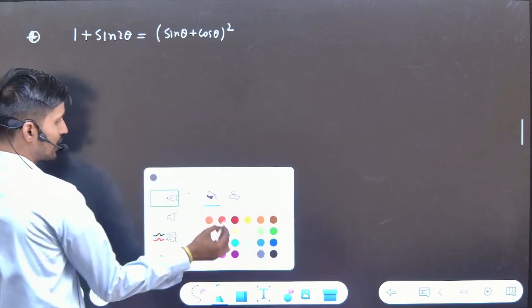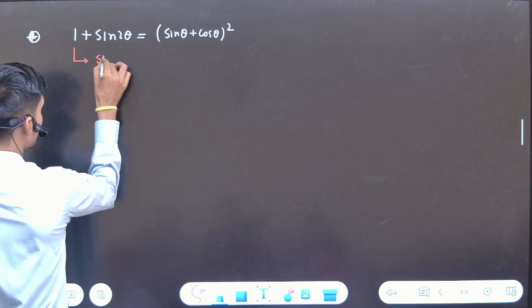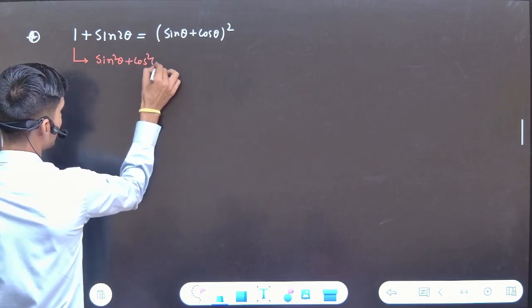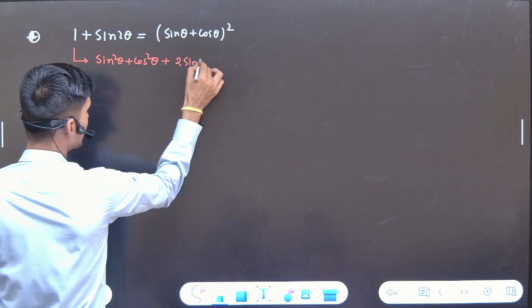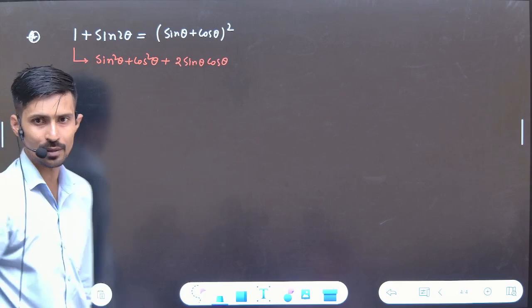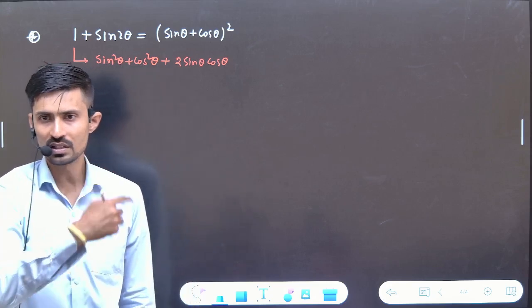So we are going to write the proof here. This one we can write sine square theta plus cos square theta, and sine 2 theta will be 2 sine theta cos theta. So tell me, a square plus b square plus 2ab, that will be a plus b whole square or not?